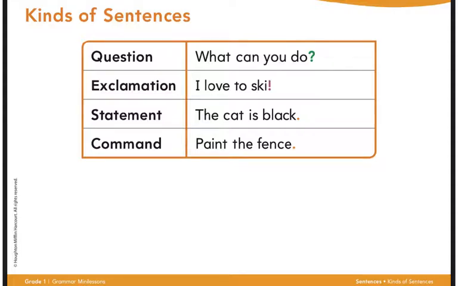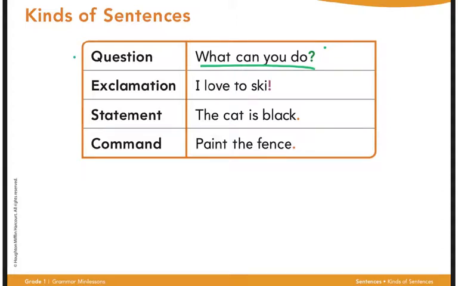Okay, here's some examples of the 4 different kinds of sentences. So let's start right at the top, and we'll start with question. And our question here is, what can you do? Now, remember, anytime you see a question, you could answer it. You might say, I don't know, but you have an answer for it. And a question always ends with a question mark, right?